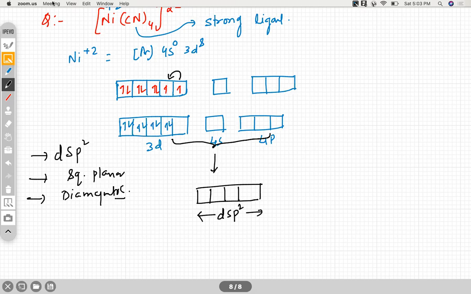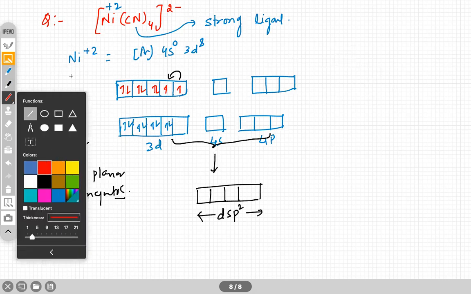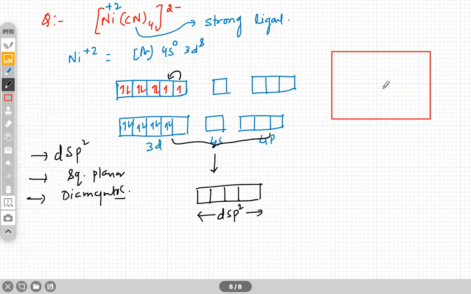See, actually what happens, square planar geometry is what? With geometry you can understand. It is not that difficult. All of you will get it. The square planar geometry is something like this. Suppose this is the square planar geometry we have, and the metal is present in the center of the square. And how do we get the square planar geometry? When the ligands are attached at these corners, yes or no?